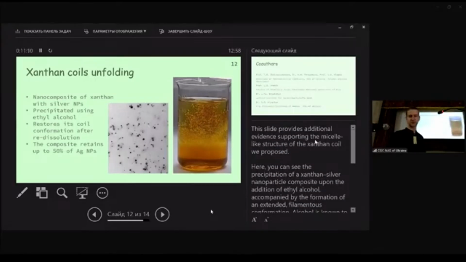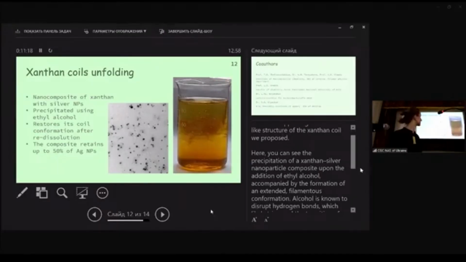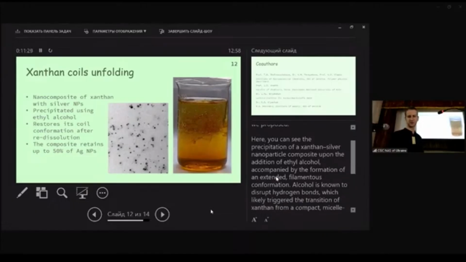This slide provides additional evidence supporting the micelle-like structure of the xanthan coil we proposed. Here you can see the precipitation of a xanthan silver nanoparticle composite upon the addition of ethyl alcohol, accompanied by the formation of an extended filamentous conformation.